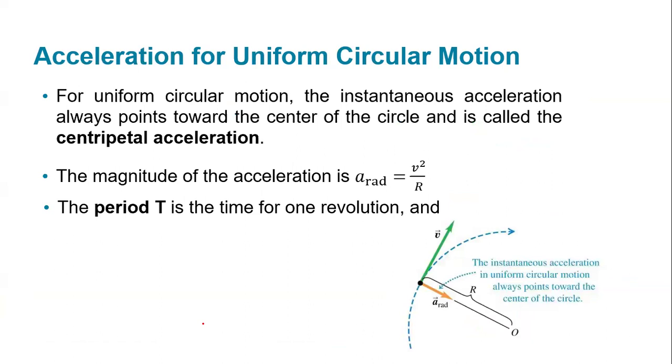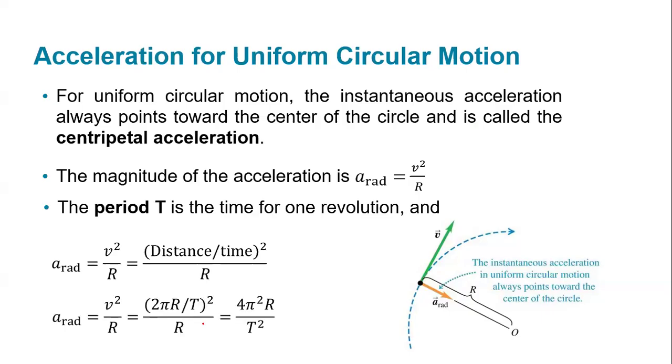So you can also write this centripetal acceleration in terms of period. The period is the time for one revolution, and the distance for that one revolution is equal to 2 pi r. So your speed is equal to the distance over time, 2 pi r over the period.